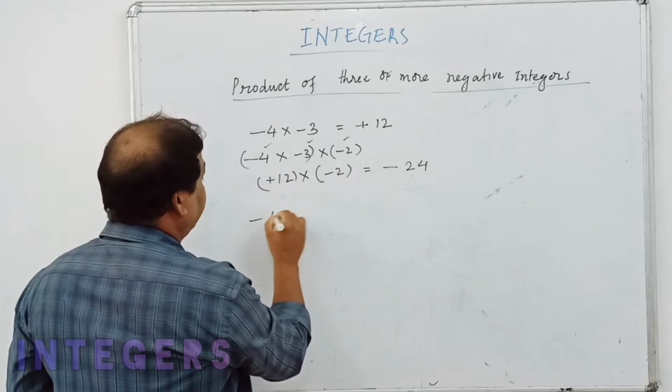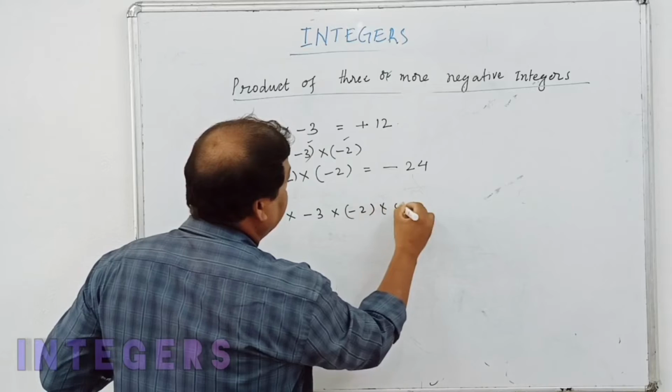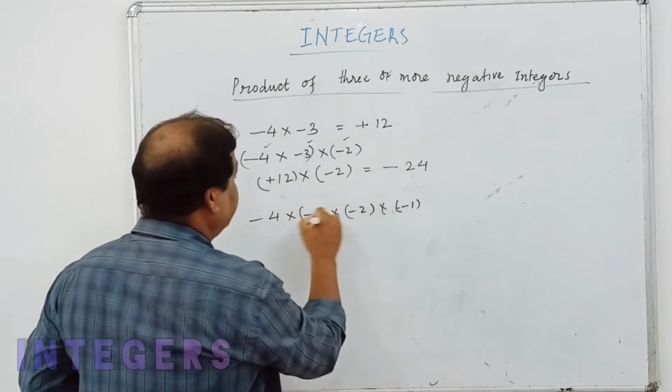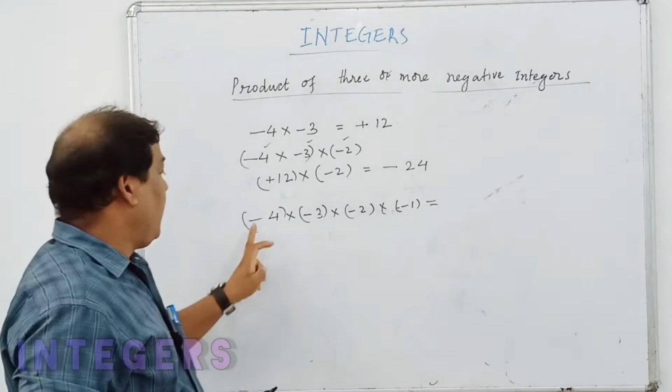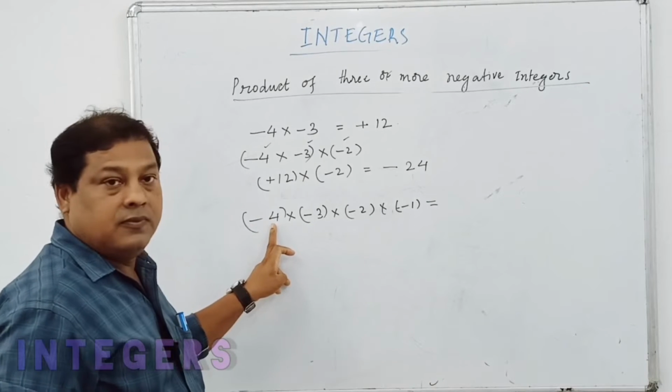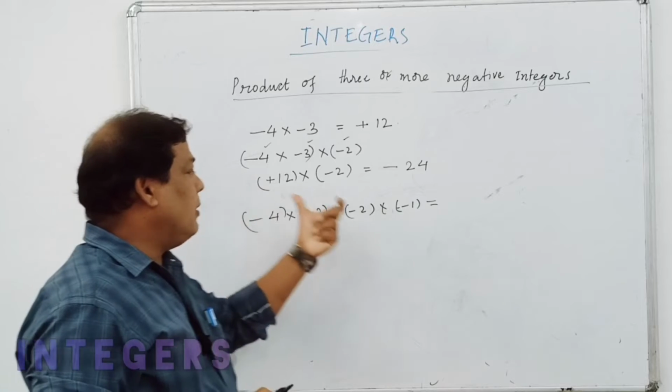Now we will take one more example: minus 4, minus 3, minus 2, then minus 1. How many negative integers are there here? There are 4 negative integers. Now we have to multiply.